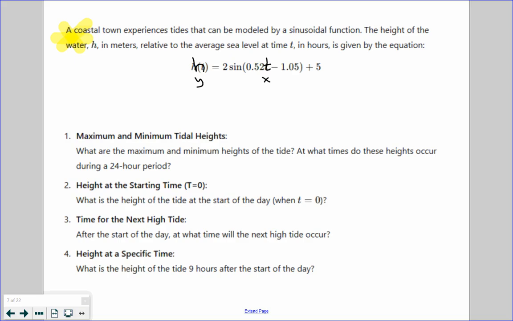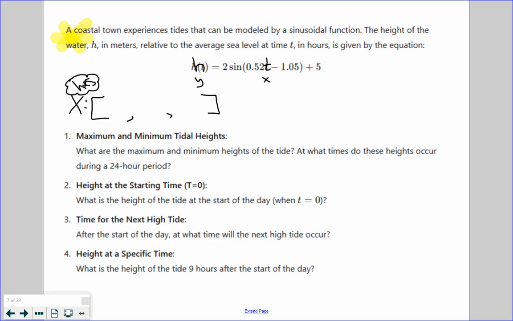Okay, here's the key. The key is your x min, x max. So x here is in hours. We're told that in the question. What you typically want to do is think about the context again. Even if we live in Tabor, it's not like we're beachfront property here. But the idea being is that tides come in and go out through the moon and gravitational forces and all that.